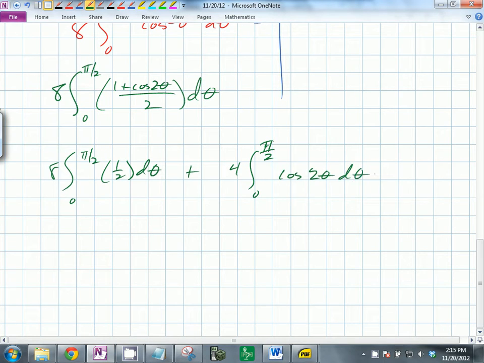So 8 times pi over 4 for that one, plus 4 times, and you have to integrate that, so it's going to be 1/2 sine 2 theta from 0 to pi over 2.